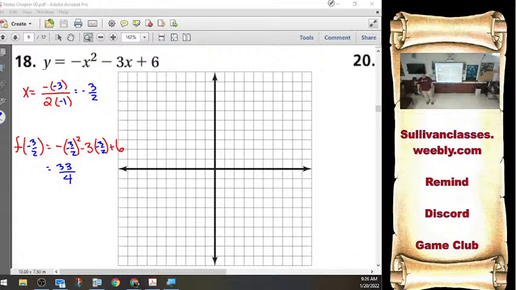Check my mental mojo. So back 3/2, up 33/4, which is 8 1/4. So 1, 2, 3, 6, 7, 8.